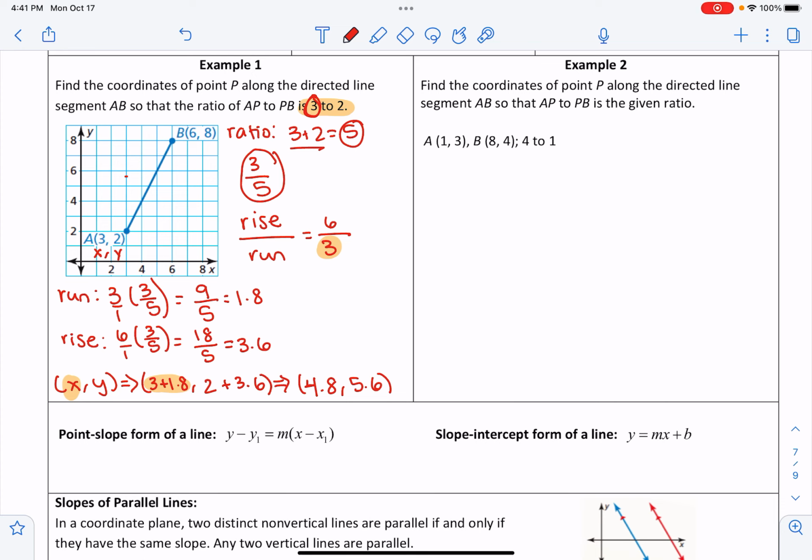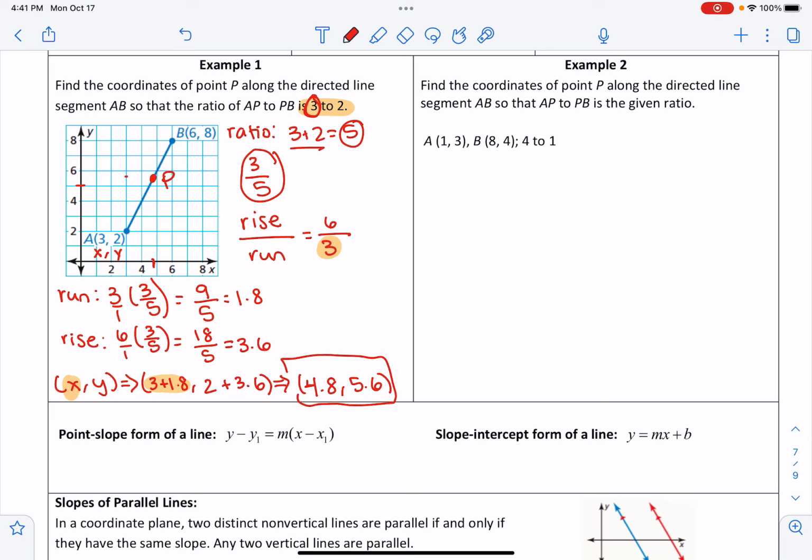If we look, starting from 0, 0, we go to 4.8, and then we go up to 5.6. About right here is point P. So we're going to put that point P on the line. And that's our point P. So the coordinate of point P is 4.8, 5.6.